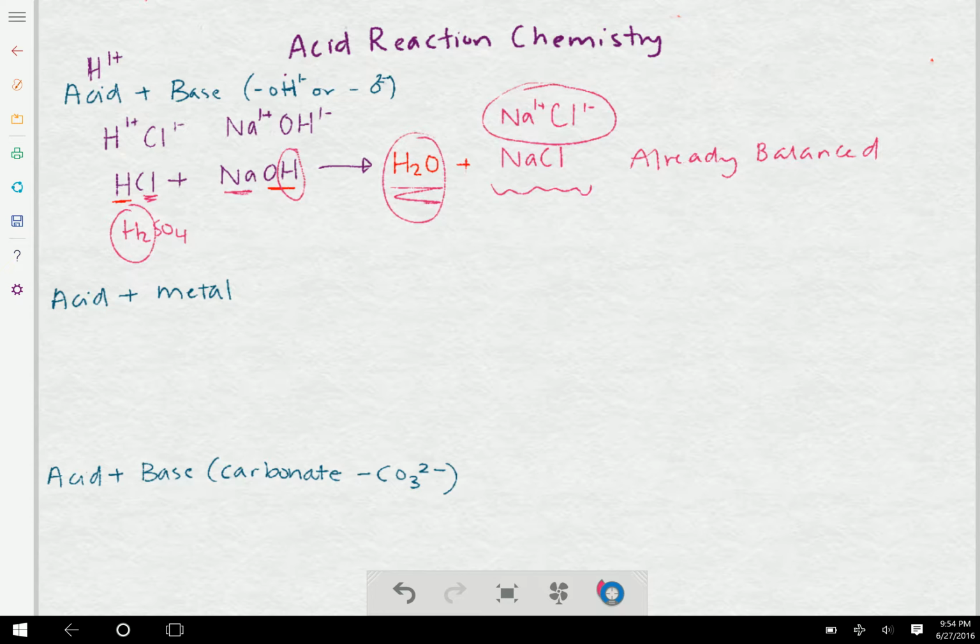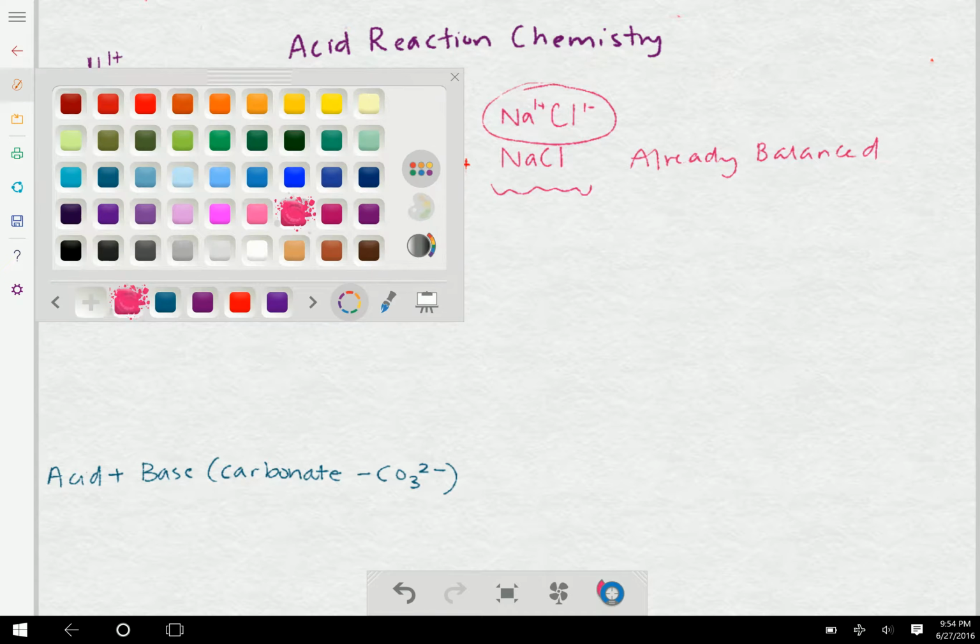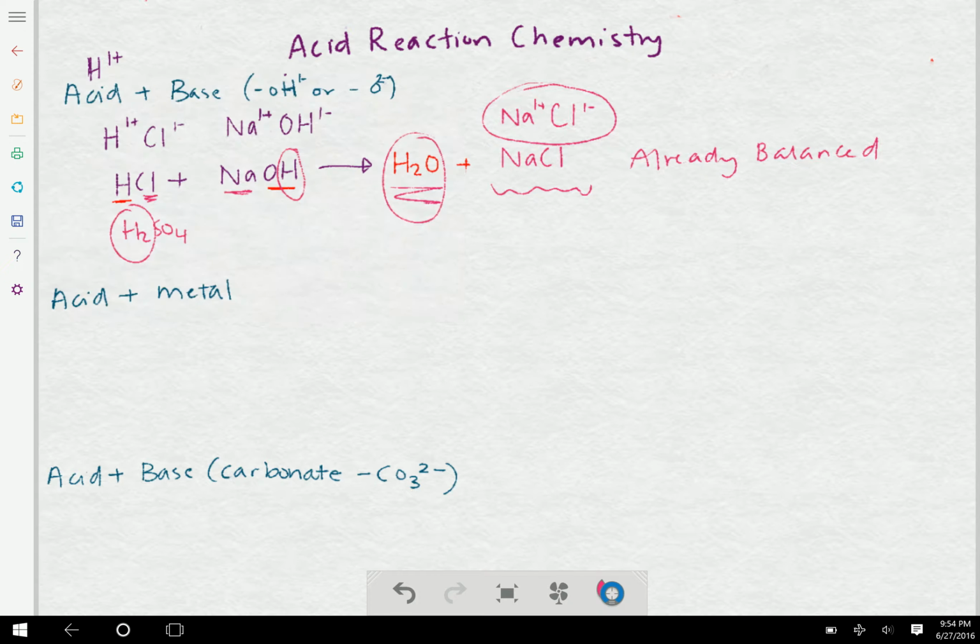Why don't we use the sulfuric acid that we were just looking at, H2SO4? Hydrogen being a 1 positive oxidation state, and sulfate, the polyatomic group, being a 2 negative. It cancels out, and we get H2SO4. Again, that would be aqueous. And let's just pick any old metal. Let's use magnesium, which we know is an alkaline earth metal, so its oxidation state when it's in a compound would be a 2 positive.